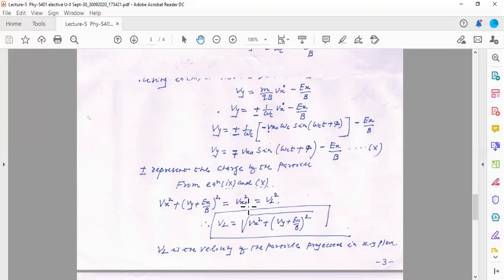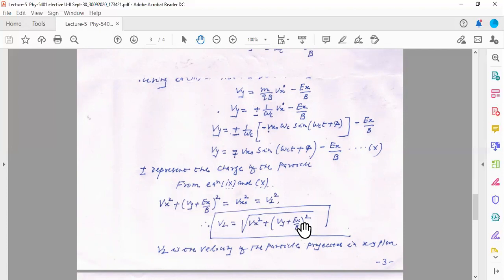So we can say that Vx square plus Vy plus Ex over B whole square is equal to Vx0 square, and Vx0 square we consider as V perpendicular square. So V perpendicular is simply the square root of Vx square plus Vy plus Ex over B whole square.